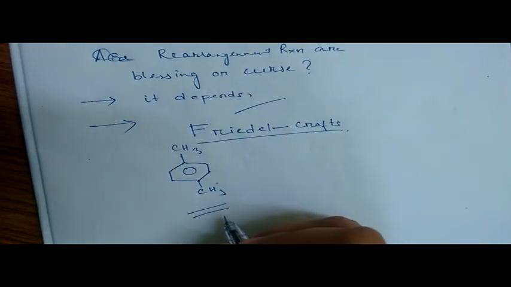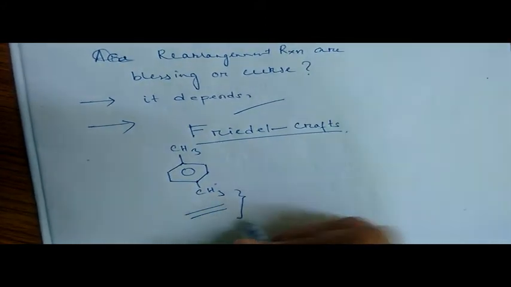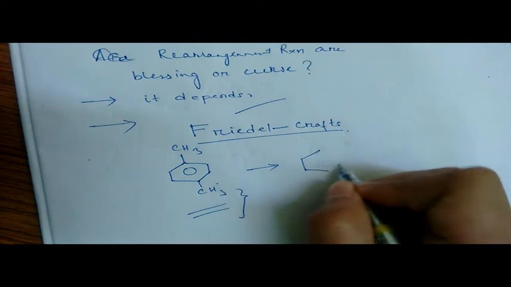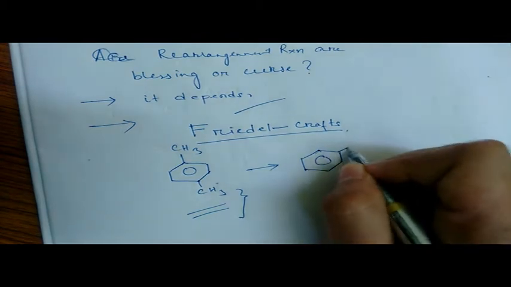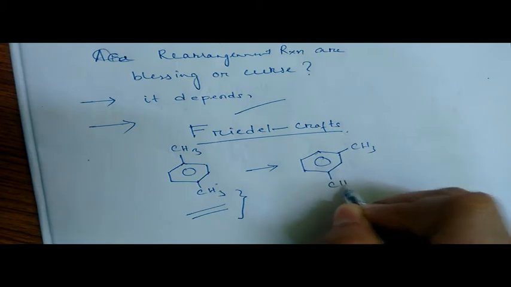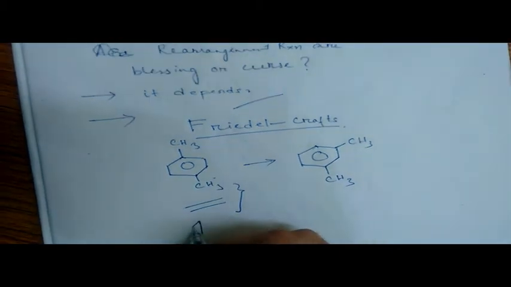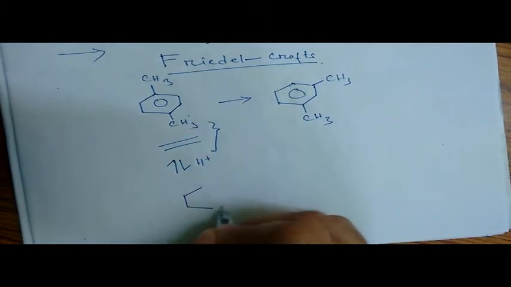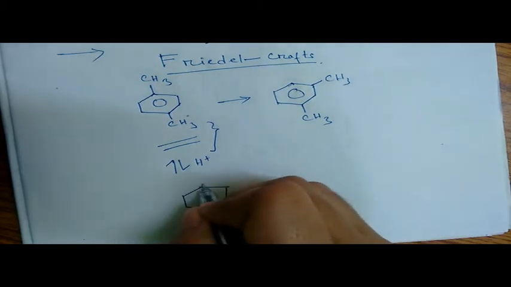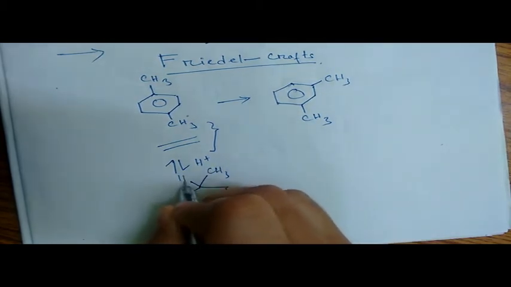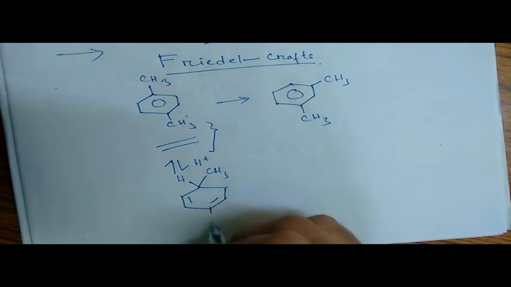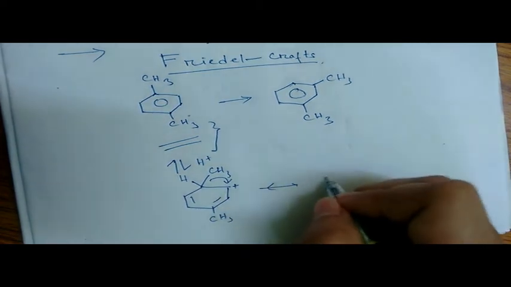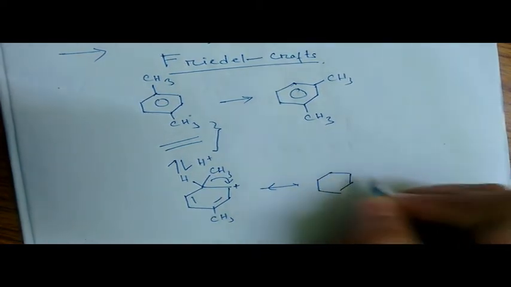We cannot simply isolate this product, meaning in addition to this product we also get some other products like this one. What happens here is that due to the presence of the acid source, we generate an electrophile here, and this bond attacks here, and after rearrangement we get the meta product also.